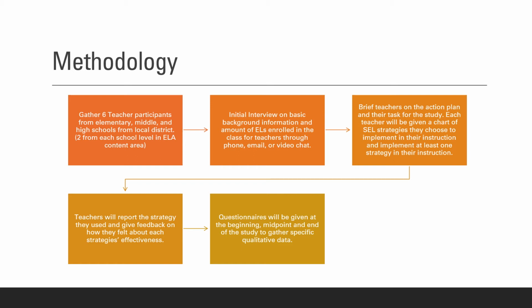Preferably two from each school level, so two from elementary, two from middle, and two from high school within the content area ELA, just to keep it consistent. And then, after acquiring my 6 teacher participants, I would do initial interviews through phone, email, or video chat, just to get basic background information and how many ELs are enrolled in their class.